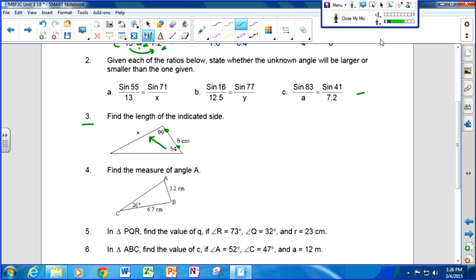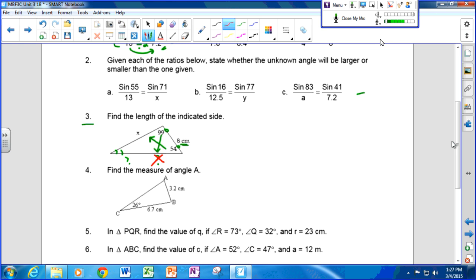We have a little bit of a problem here because we don't have that side. We have this side, but we don't have that angle right there. If we had one of those two pieces of missing information, we could proceed. But this one we can't work out at all.